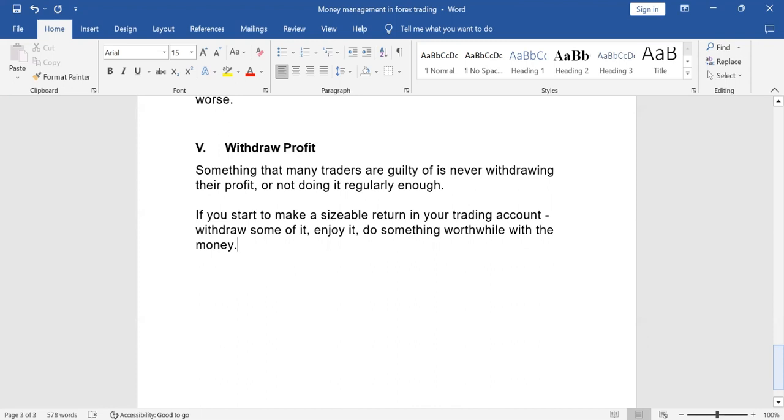But if you have not cultivated the habit of withdrawing your profit, please, let's start. If it's the $3 you see today, transfer it, or do it every month. Because I have seen some traders who tell you, I made money for almost the first 2 weeks of the month, and at the end of the day, I increased my lot size.